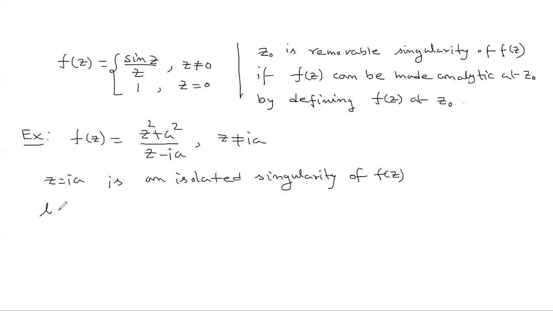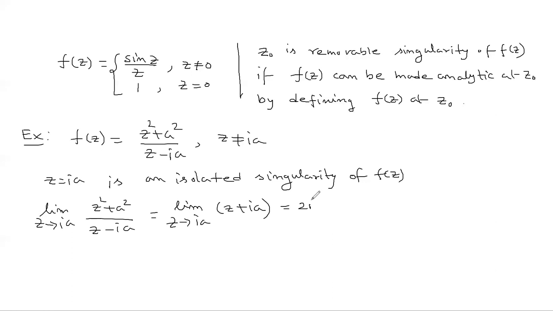Now let us check whether it is a removable singularity. For this, we'll take the limit z tends to ia of (z square plus a square) divided by (z minus ia), which is equal to the limit z tends to ia of (z plus ia). So from here we are getting the limit as 2ia.